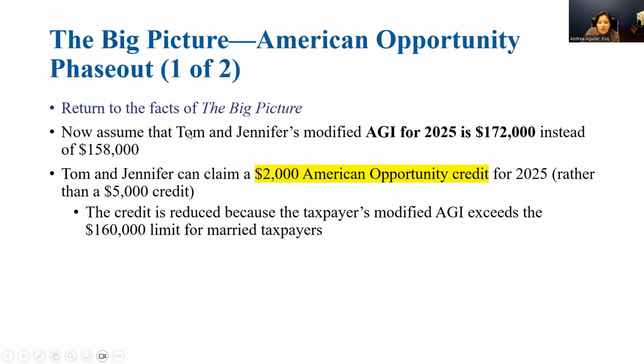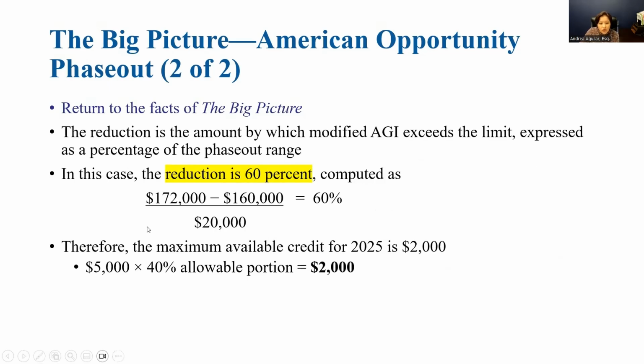Okay, so how do I calculate the amount that I'm not going to receive? Well, first, you need to calculate the excess over the phase-out base amount, which in this case is $160,000. So the excess will be $12,000.